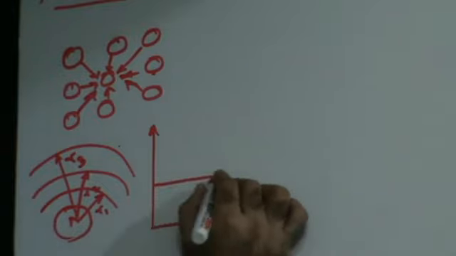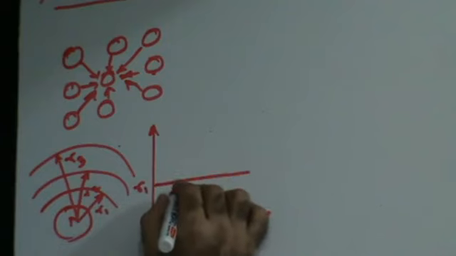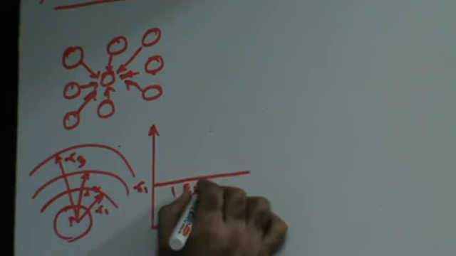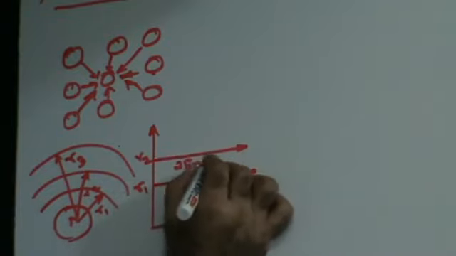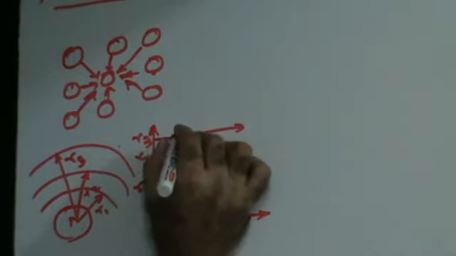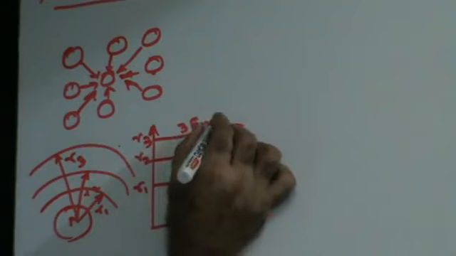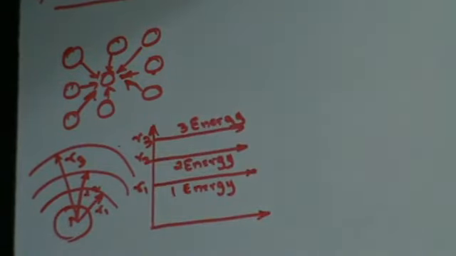Ideally, had there been only one atom and the electrons in it, at a distance of R1 there would have been some energy level which would be called the first energy level. Then at a distance of R2, there would have been a second energy level, and at a distance of R3, a third energy level. But this is not going to be there. This is only in the case of an isolated atom.